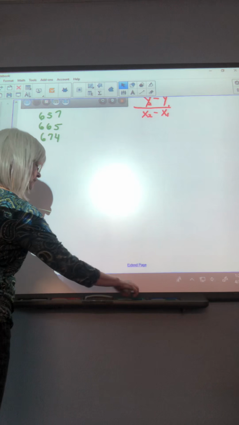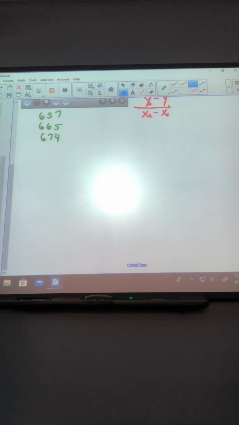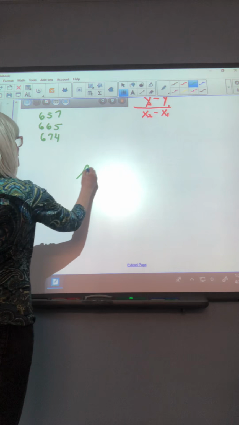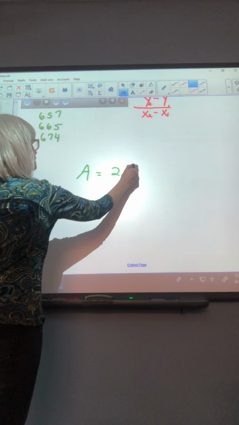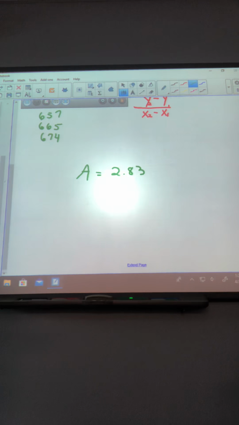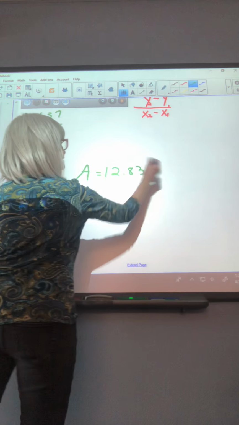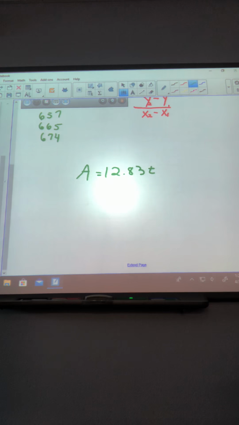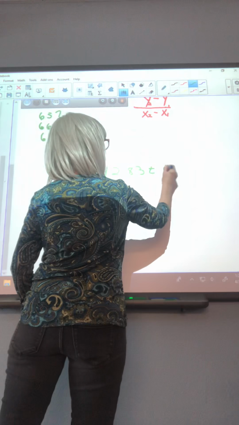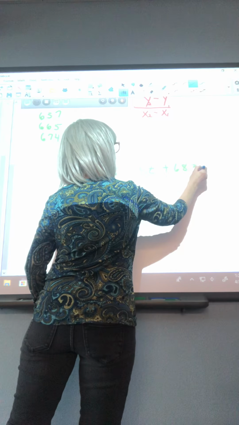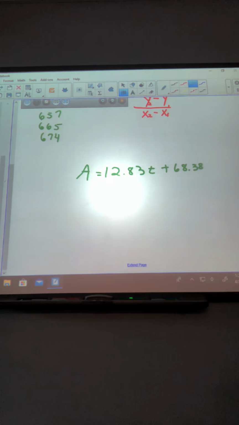And so the equation that they give you is A is equal to $12.83T plus 68.38.